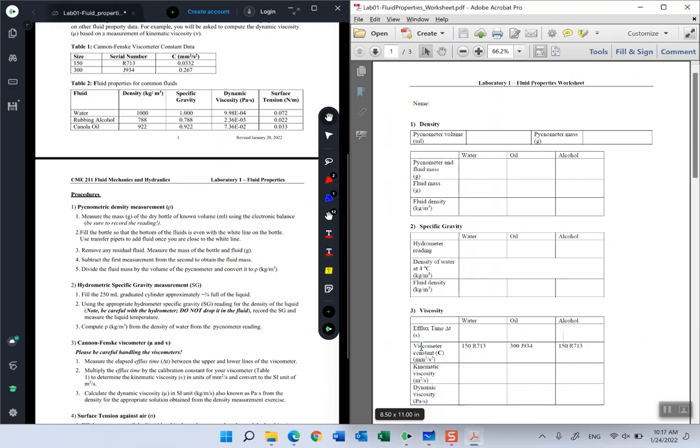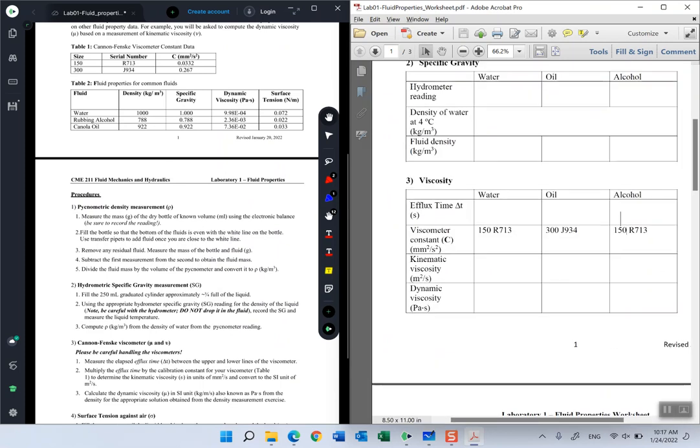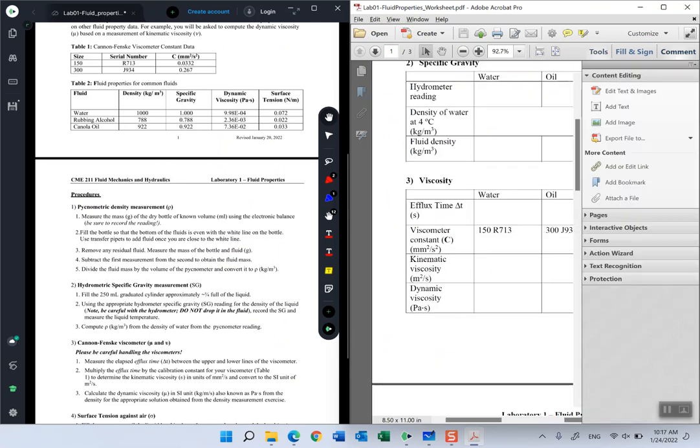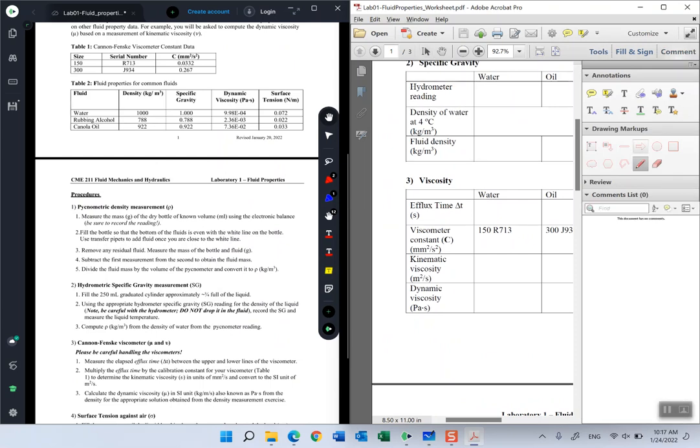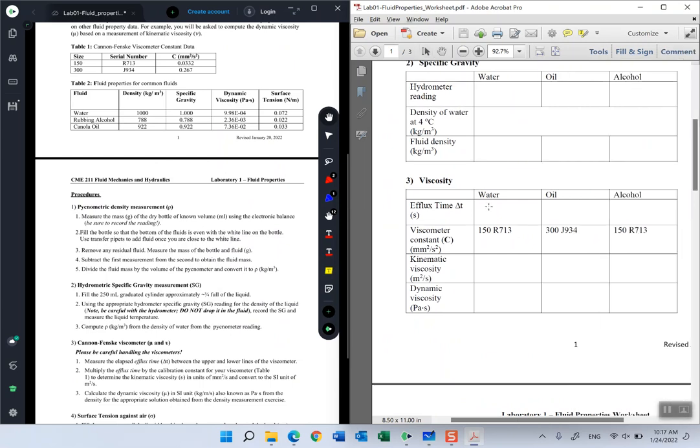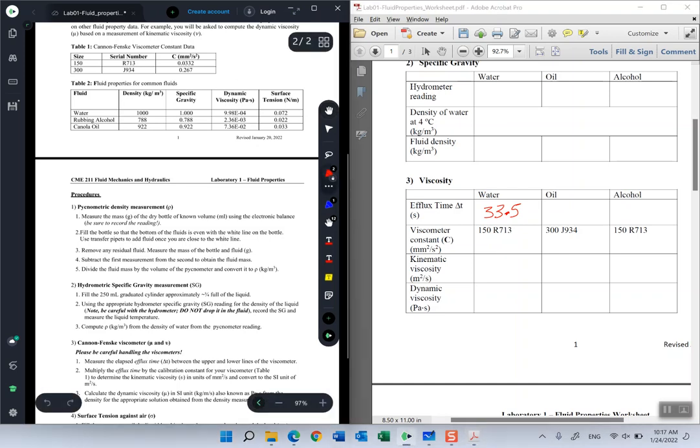For the viscosity experiment, we have the time, which is 33.5 seconds, and we have the constant for the tool that we used here, and it is 0.0332. So to get the kinematic viscosity, you should multiply these two numbers.